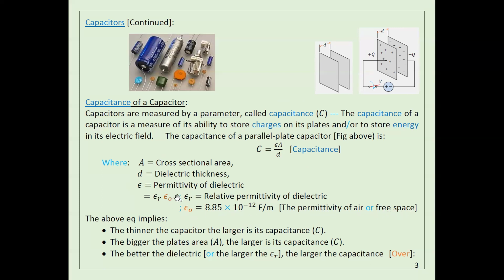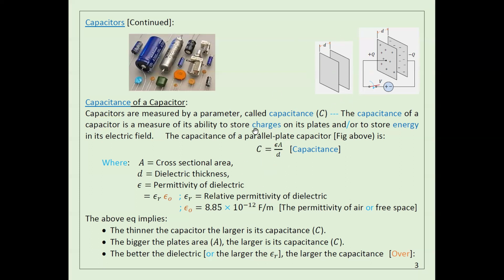Epsilon R, we call the relative permittivity, and it differs from one material to another. Epsilon naught is constant, but epsilon R depends on the material you are using. So you can see this capacitance is constant; it depends on the dimensions and what material you are using.